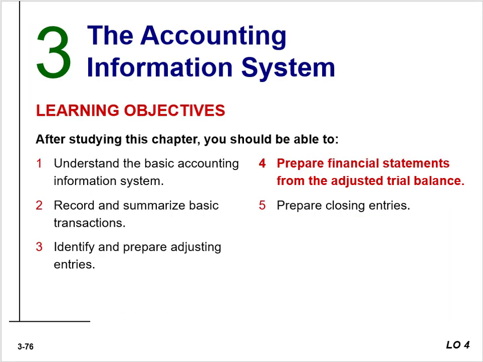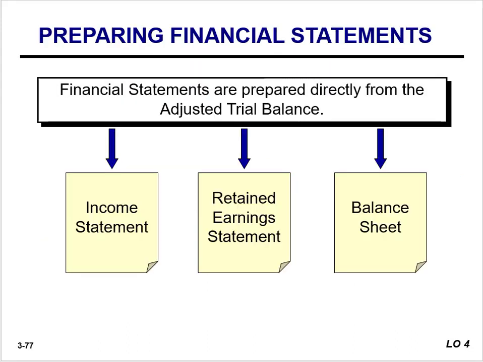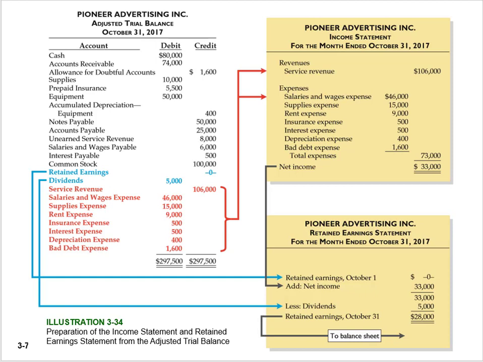And so now preparing financial statements from the adjusted trial balance. And so the financial statements are prepared directly from the adjusted trial balance of the income statement, retained earnings statement, and the balance sheet. And so here's an illustration giving you a guide on how these items are pulled from the adjusted trial balance and they flow over to the income statement and retained earnings statement.